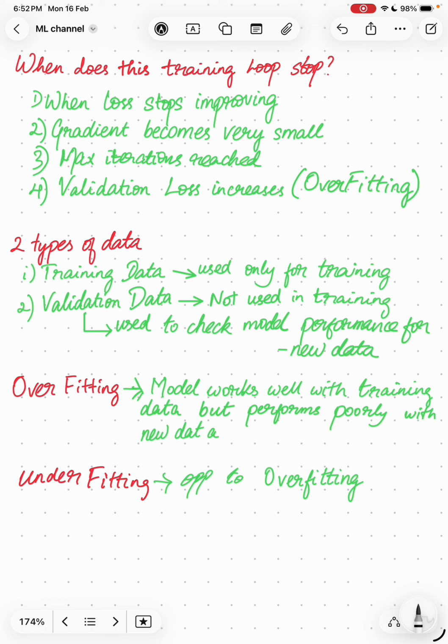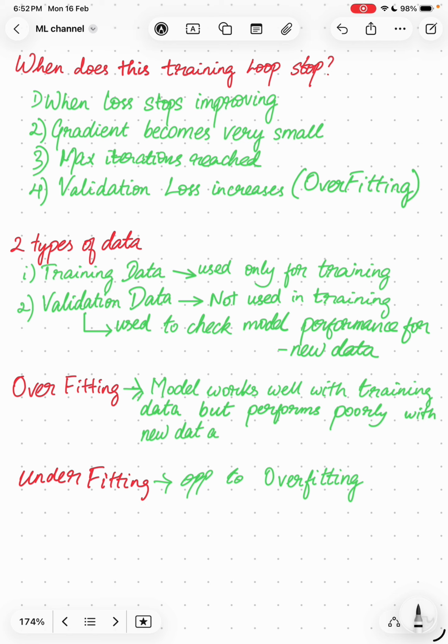After that, if the validation loss increases, so basically we would train a model, and that model would give us very little loss when calculated with training data. But if it is given new data, which is validation data, at that point it might start giving wrong results. So basically what has happened here is the model has performed extremely well with training data, meaning it has actually memorized the training data, but when it is given something new, it is not able to predict the right values.